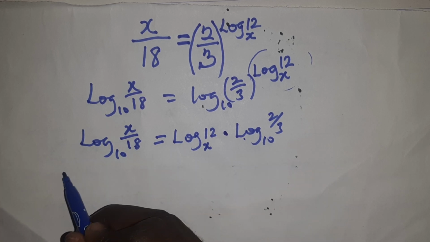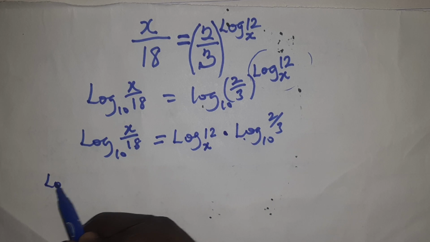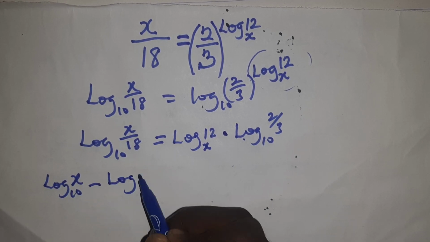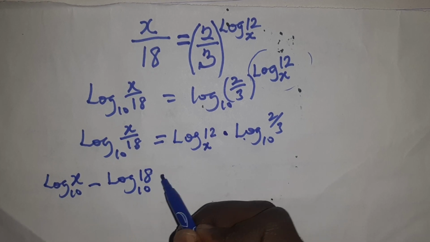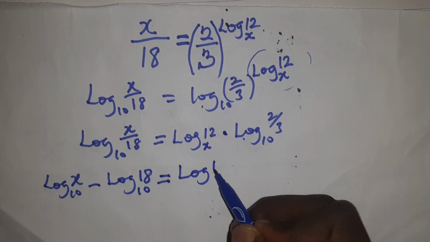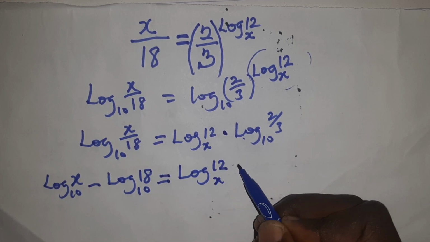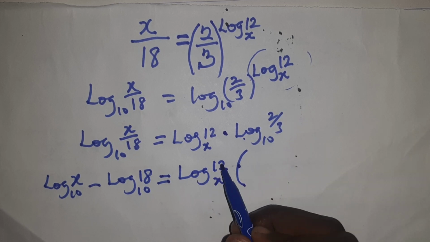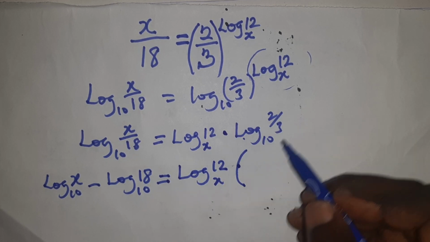So this one becomes log x base 10 minus log 18 base 10 equals log 12 base x. Open bracket, I'm doing the same thing here because log 12 base x is in product with this whole expression.